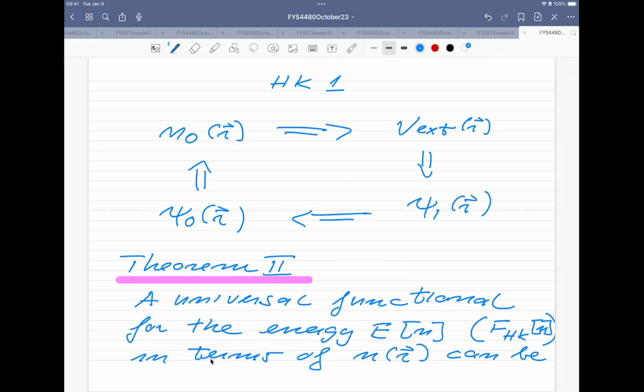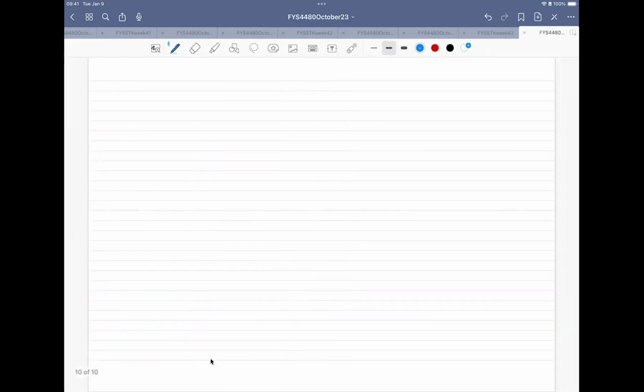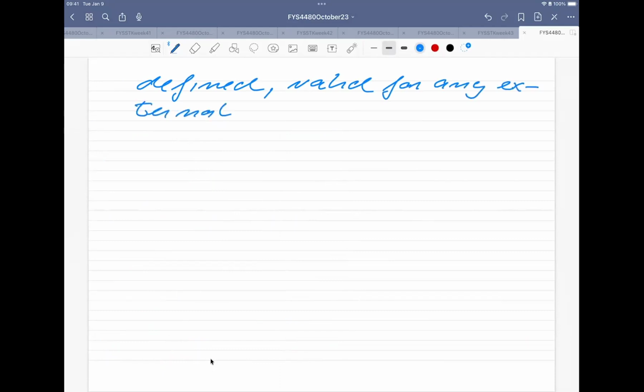The theorem says that the universal functional for the energy in terms of n of r can be defined and it is valid for any external potential, which we have labeled V of x,t.